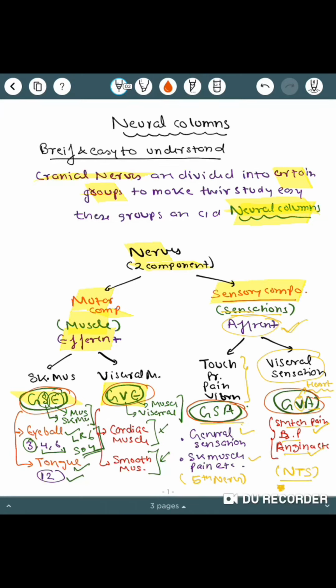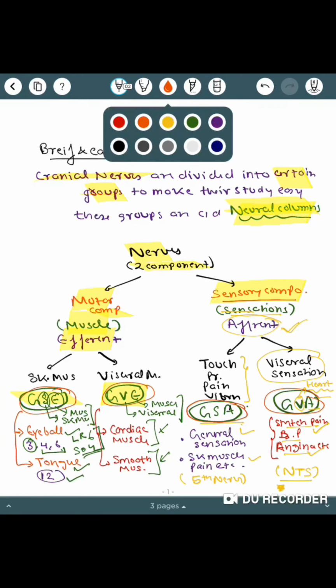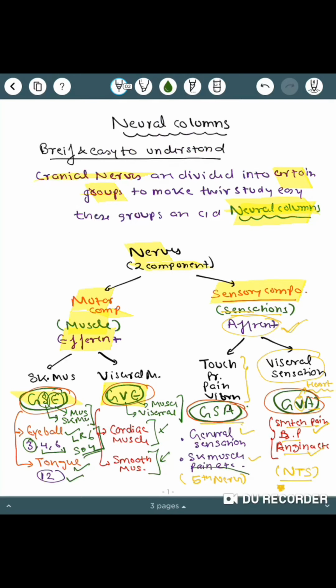And because we know that the trigeminal nerve carries all sensations of the face, like touch, pressure, pain, vibration, the fifth nerve, that is our trigeminal nerve, comes under this GSA. And in GVA there is NTS. NTS is nothing but nucleus tractus solitarius. It contains 3 nerves, that is 7, 9 and 10.